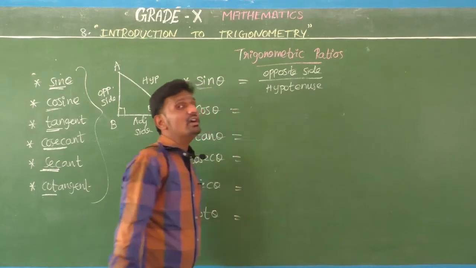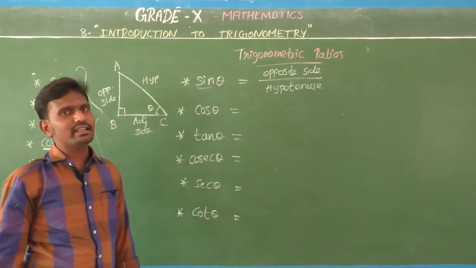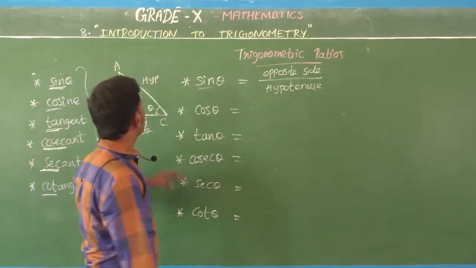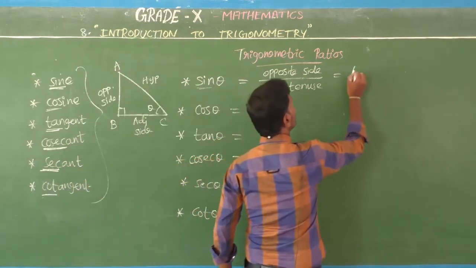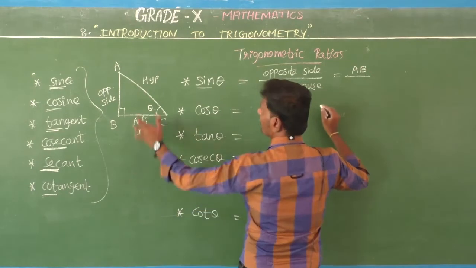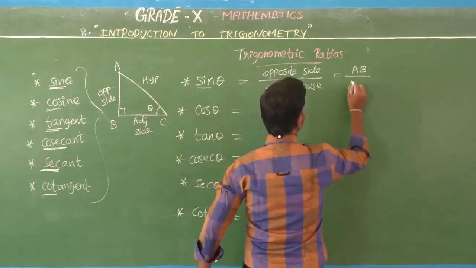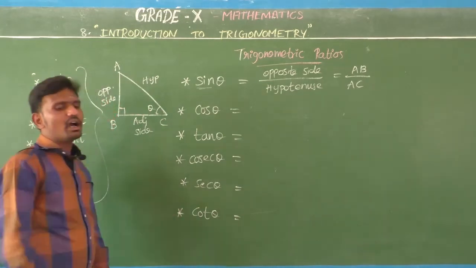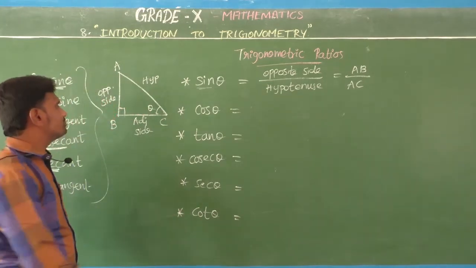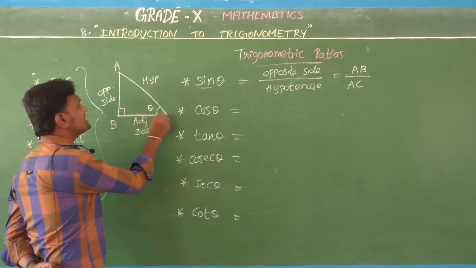So this is your ratio for sin theta. The opposite side is AB, and the hypotenuse is AC.